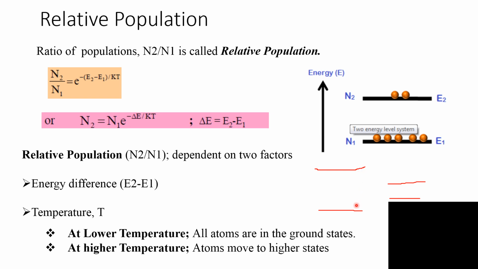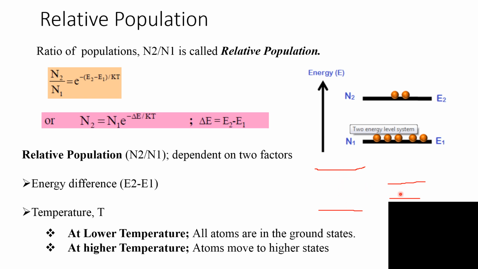This equation tells us, and over the exponential we have a negative sign, that when the energy difference is high, the relative population will be low. Because the levels are so far apart, we need much more energy to transfer electrons from the lower energy state to the upper energy state.